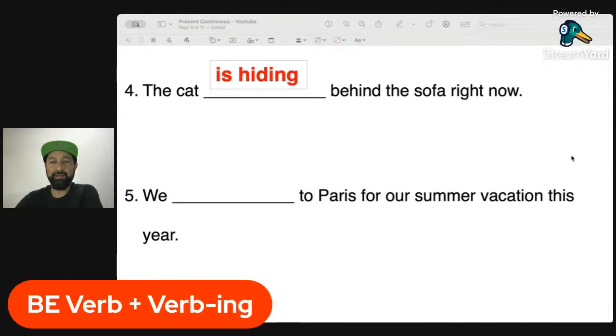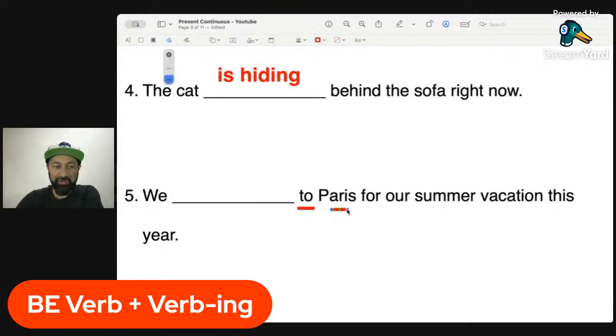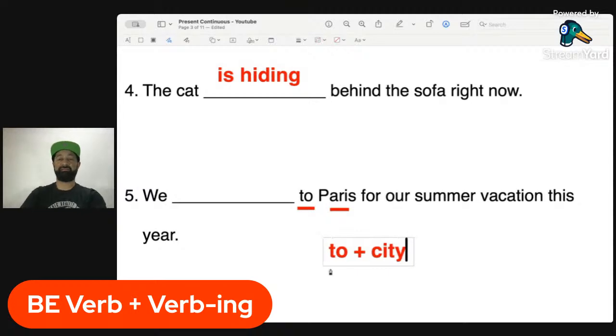For me, what I would probably choose right here, because we've got two, and then we've got a city. A lot of times when you've got this word to, which is a preposition, it's talking about the direction, right? And then I've got to plus a city. A lot of times the verb I would use with that will be go.